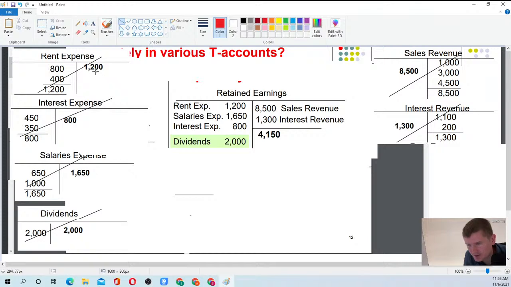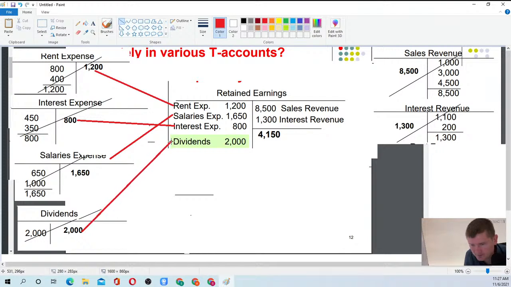So you calculate the total and you move it here. Salary expense here, interest expense here, dividends go here, sales revenue goes here, interest revenue goes here.